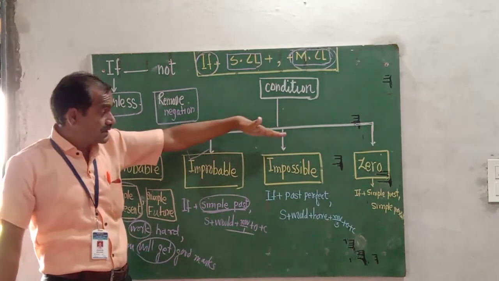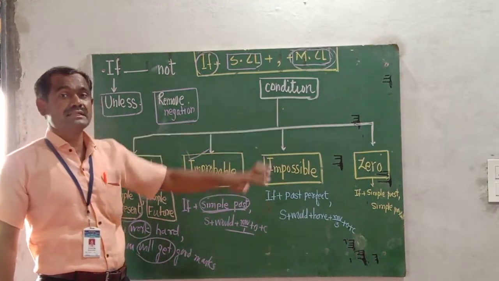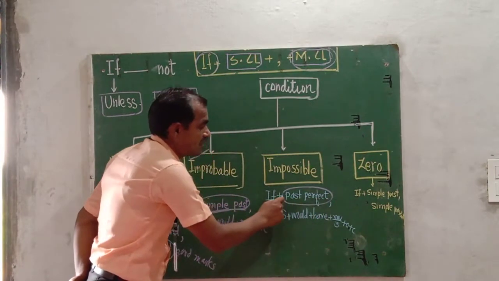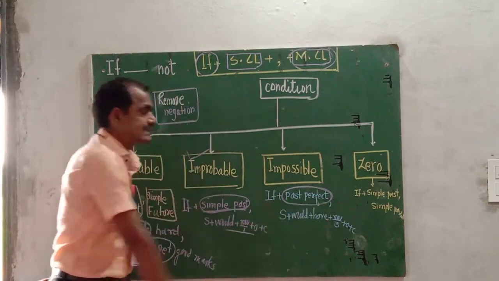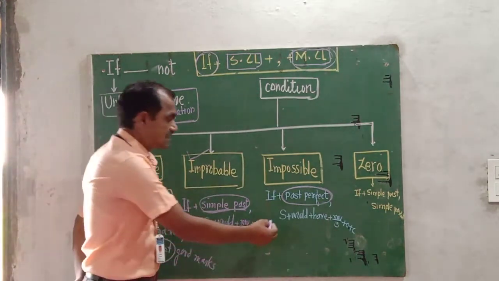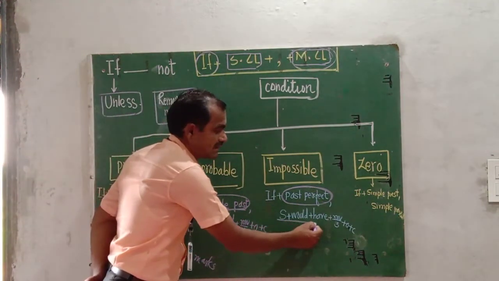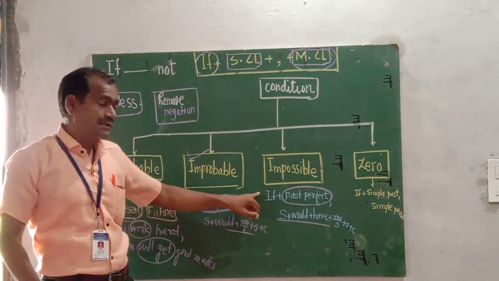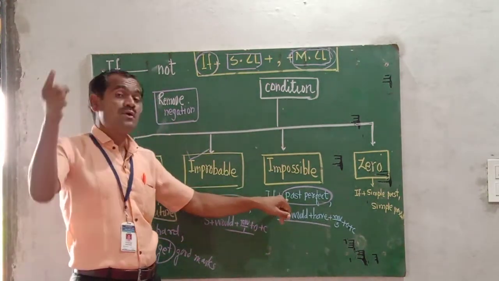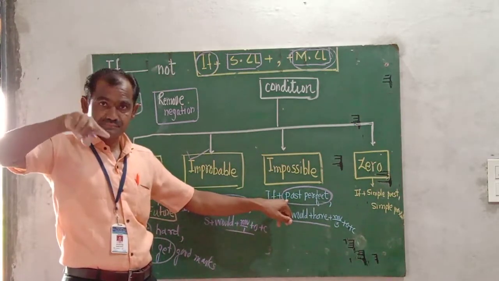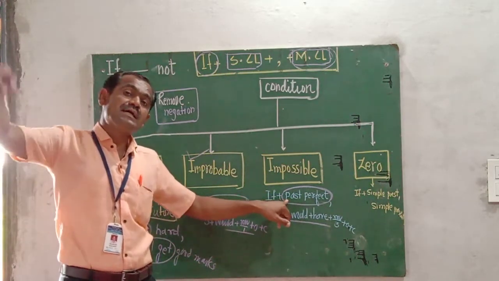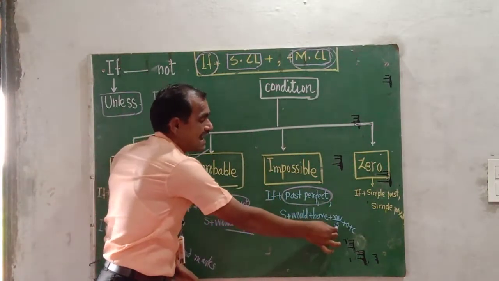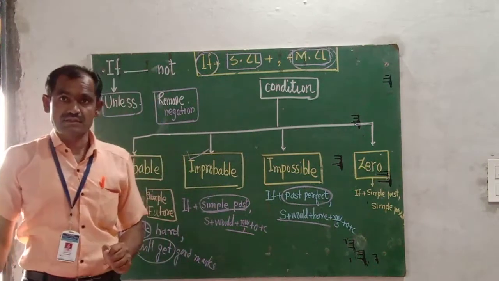Now the third condition is called the impossible condition, in which the tense of the subordinate clause is past perfect tense and the structure in the main clause is subject, would have plus past participle. For example, if I had known their language, I would have asked them many questions.